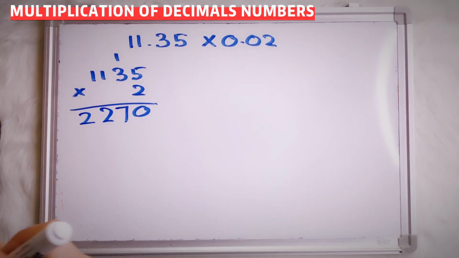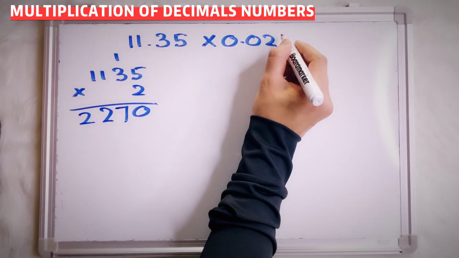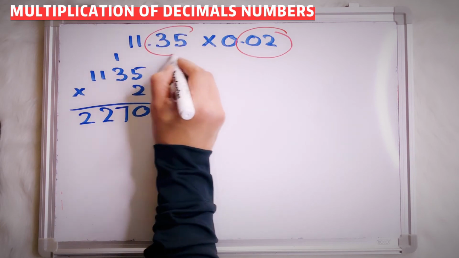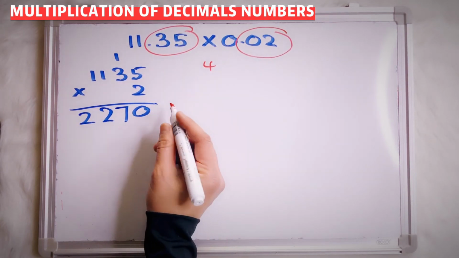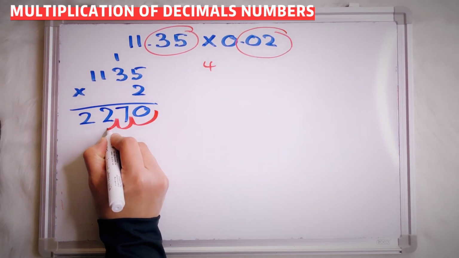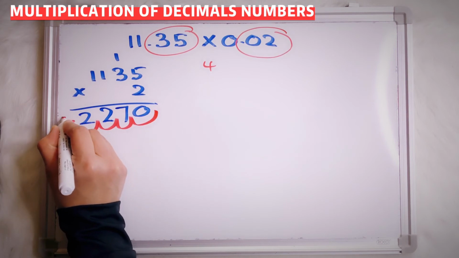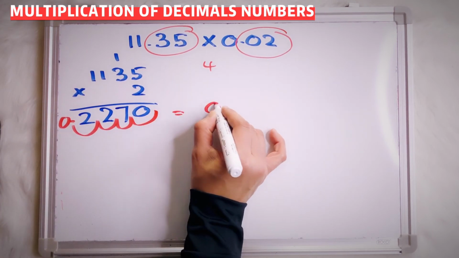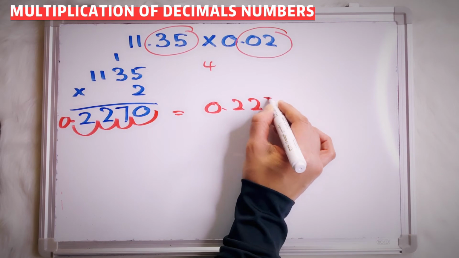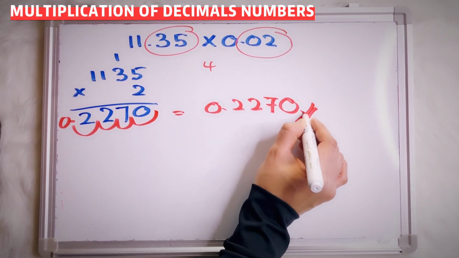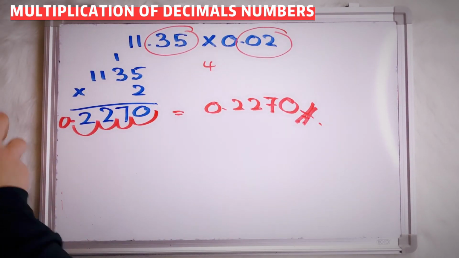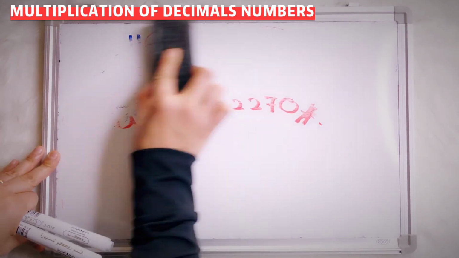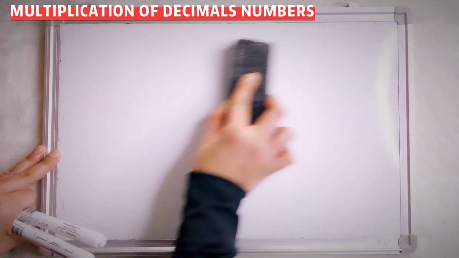After the decimal, we have how many numbers here? 2. Here also 2. That means 4. You have to move 4 times: 1, 2, 3, 4. So your answer will be 0.2270. Alright? Okay. I give you 3 more questions.